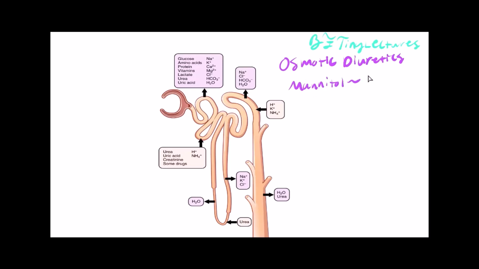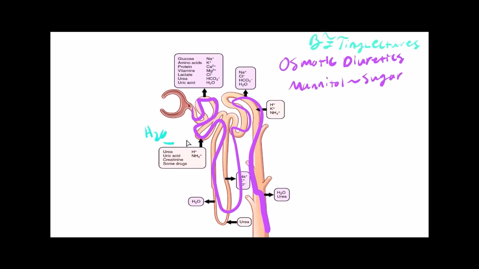which is kind of like a sugar, and the sugar is not absorbed or excreted by the nephron. Instead, the sugar builds up and it goes all the way over here and leaves the distal convoluted tubule, and it actually leaves the collecting duct. But because there's such a high concentration of this sugar, the water in the interstitial fluid is going to be drawn into the tubules.